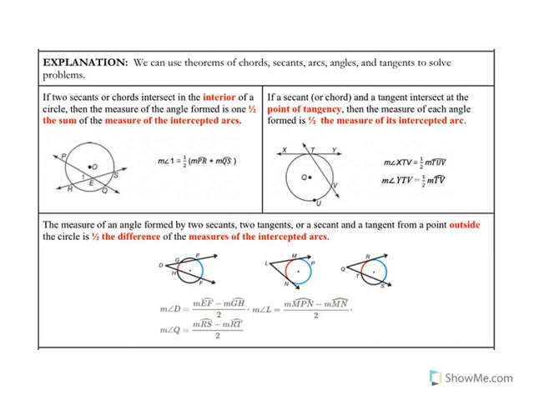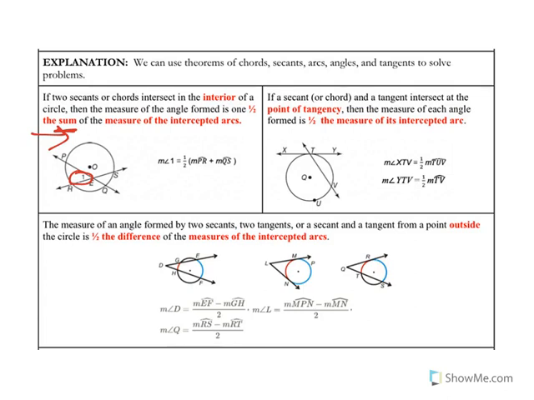So let's take a look at this rule here. If 2 secants or chords intersect in the interior of a circle, meaning that the intersection happens inside the circle, then the measure of the angle formed, angle 1, that's formed right here, is going to be 1/2 the sum, sum means, correct, it means to add, of the measure of the intercepted arcs.